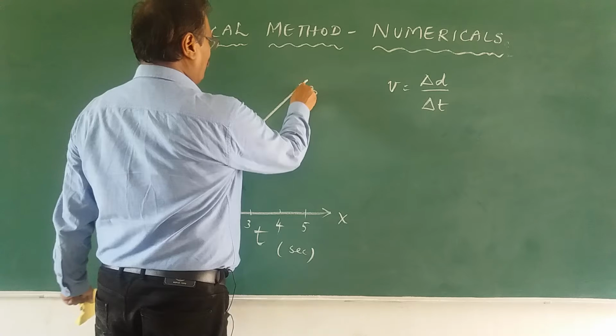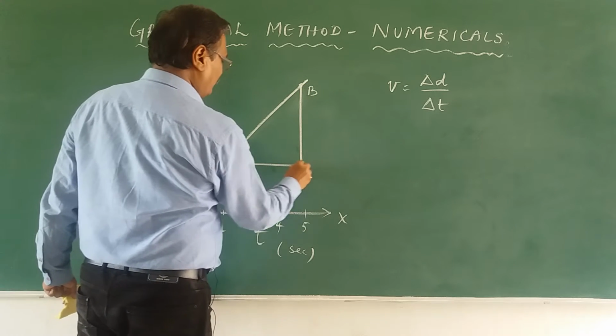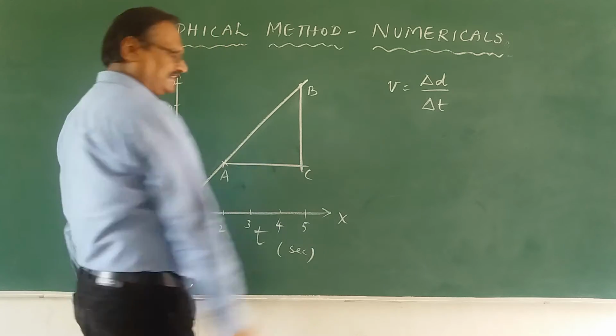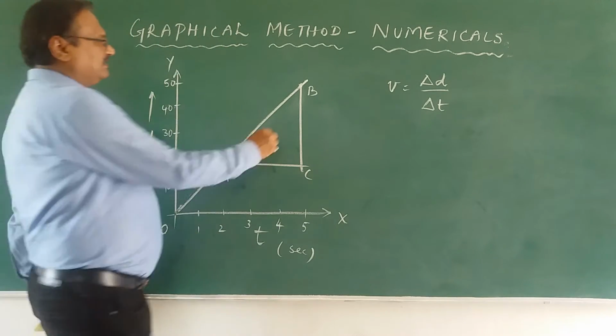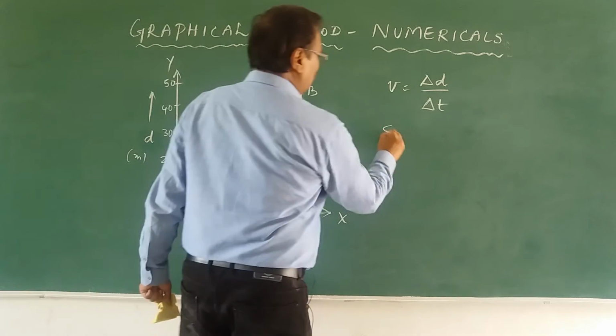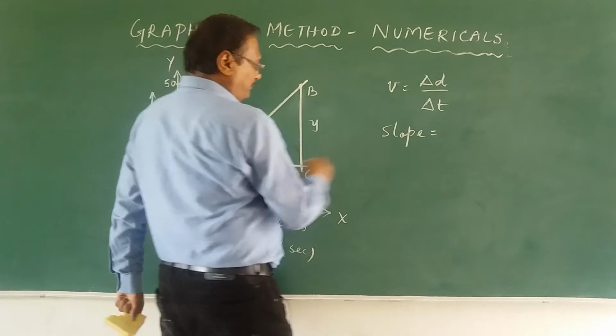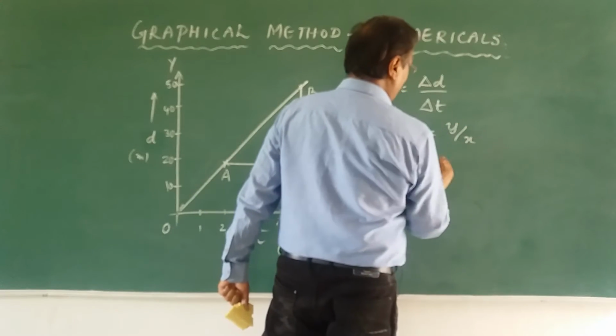What you do is drop a perpendicular to the x-axis and a perpendicular to the y-axis and call this point C. Then the y value upon x value, the slope, that is the slope of the straight line, equal to y upon x, will give you the value.